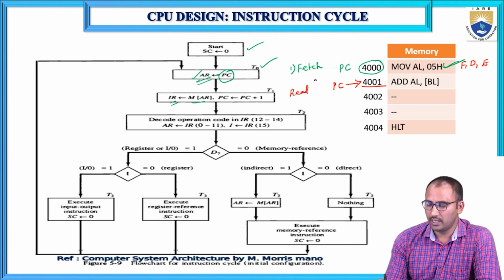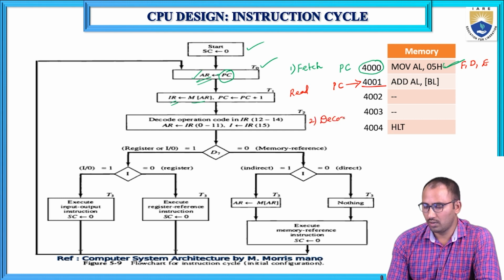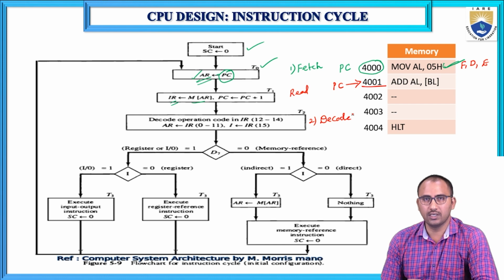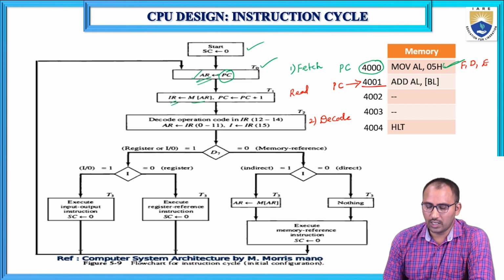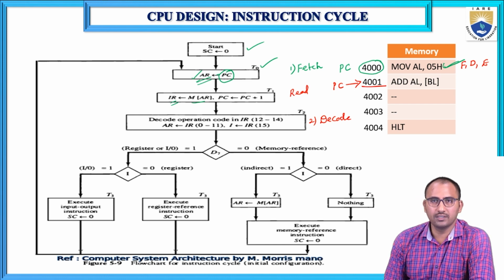Next phase is the decode phase. So what is decoding? Decoding means interpreting the opcode. During the decoding phase, it will determine what type of operation has to be done.